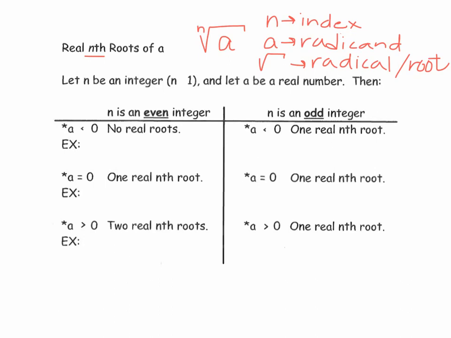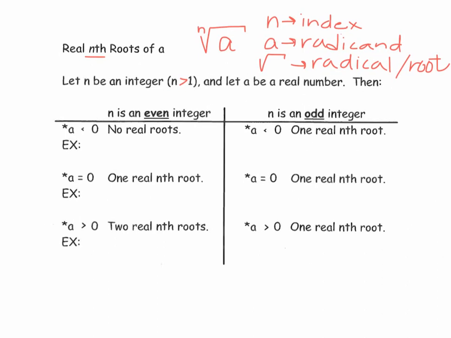Now, depending on the type of index you have, some values will be defined, but others won't be defined. It says let n be an integer, and it has to be greater than 1. And let a be a real number, so we know that we're not dealing with imaginary solutions. If n is an even integer, and a is less than 0, what happens is you have no real roots.